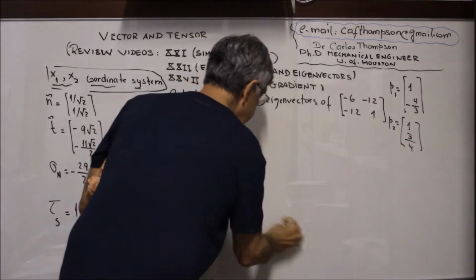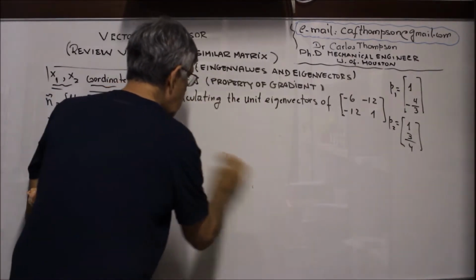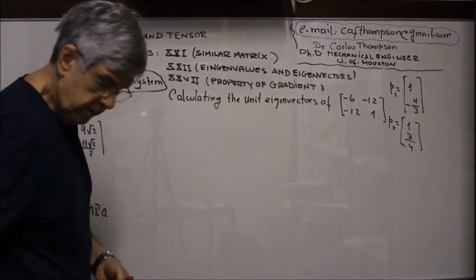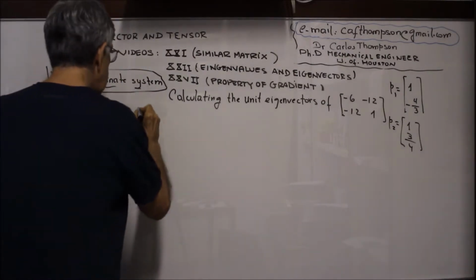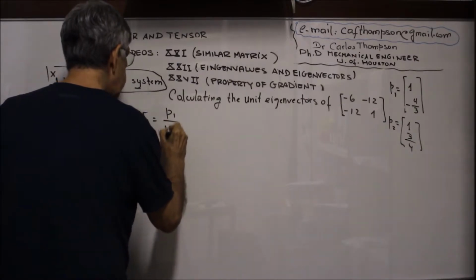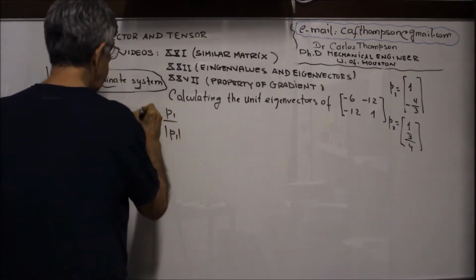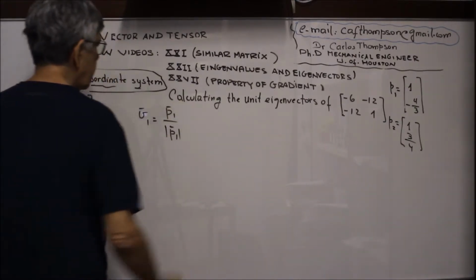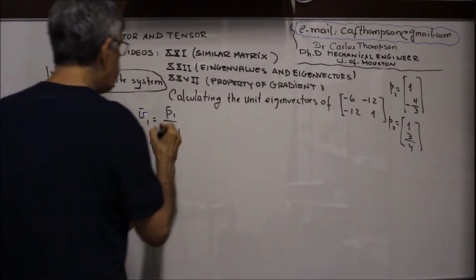So the unit vectors, now let's call V1. V1 is equal to P1 divided by the magnitude of P1. What is the magnitude of P1?